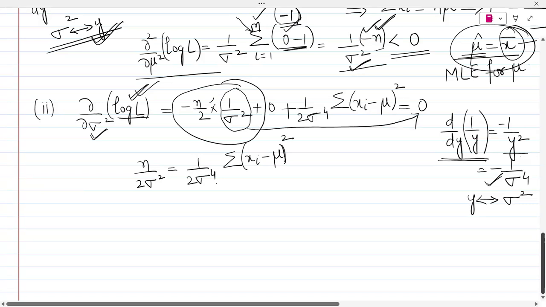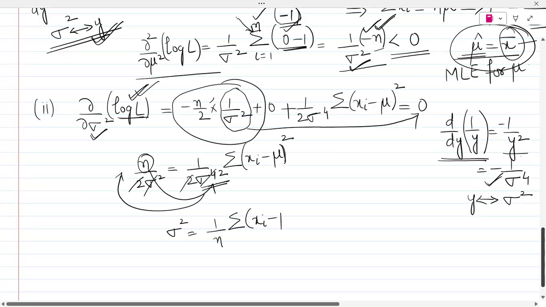Now this 2 cancels, and even this sigma square will cancel, so here it will be sigma square only. And this sigma square can go to this side, and this n can come to this side. So sigma square is 1 by n summation xi minus mu whole square.